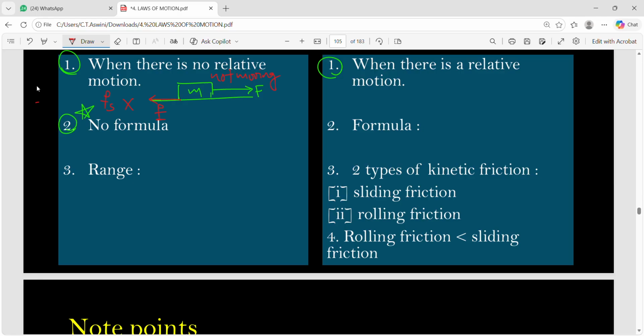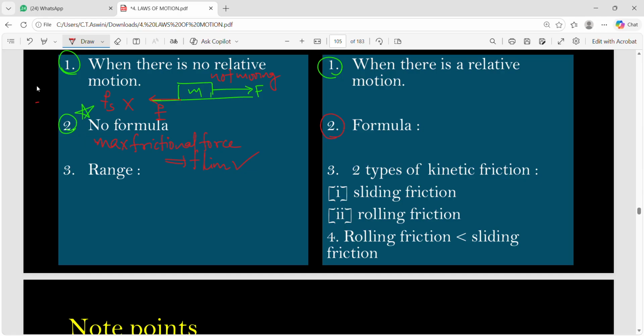So, the maximum frictional force that can be applied by the surface is called F limiting. F limiting means it's the maximum frictional force that can be applied by the surface. This F limiting has a formula. Limiting friction has a formula, but static friction doesn't have any formula.